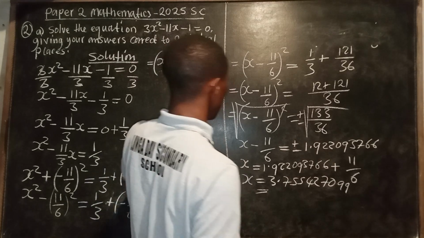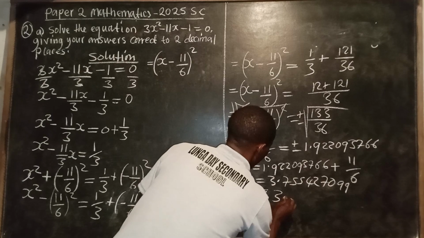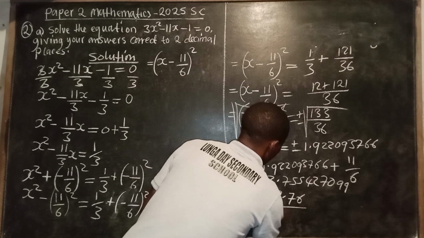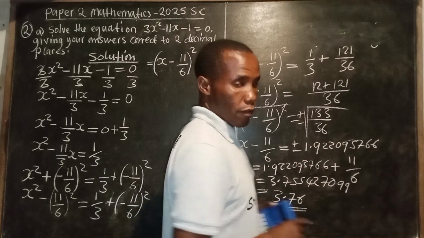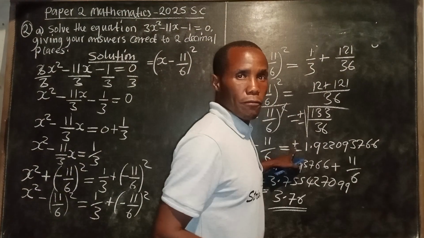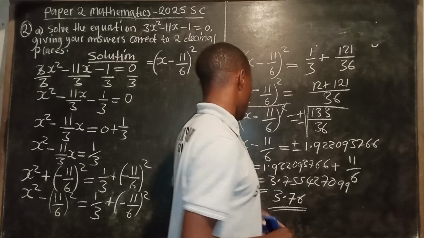They said to do decimal places, so that would be 3.76. Here we are going to have two answers: one for positive, the other one negative.